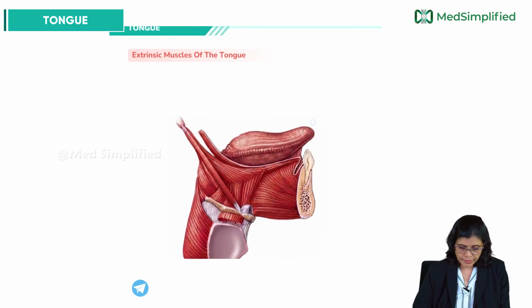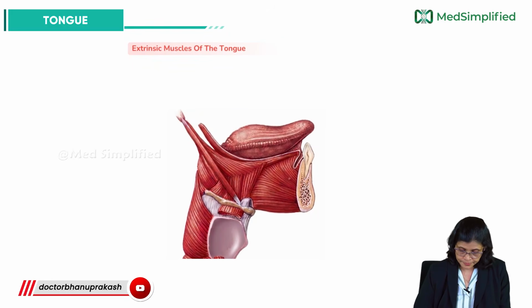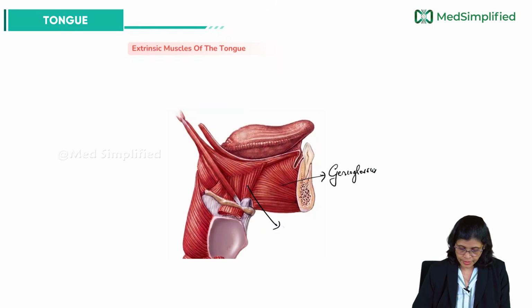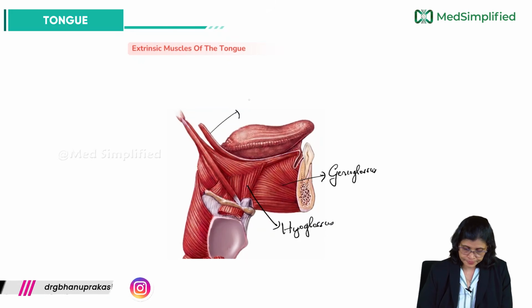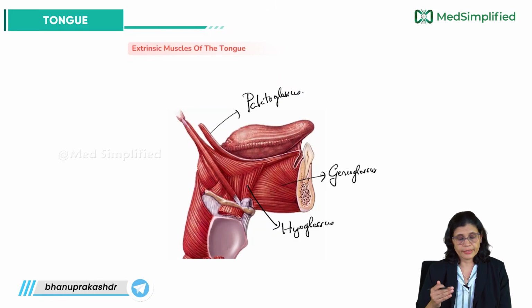So which are the extrinsic muscles of the tongue? We have the genioglossus, then the hyoglossus, then the palatoglossus, which we see in the fold that forms the anterior fold for the tonsillar fossa.